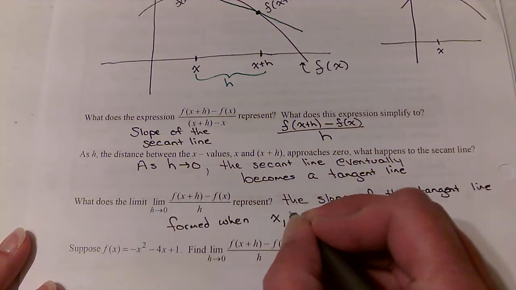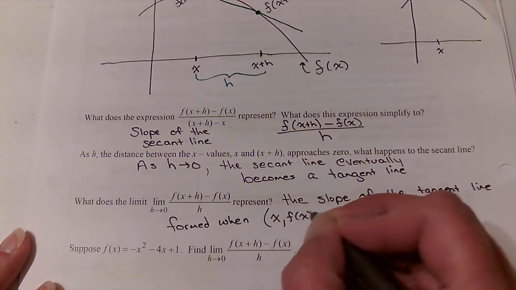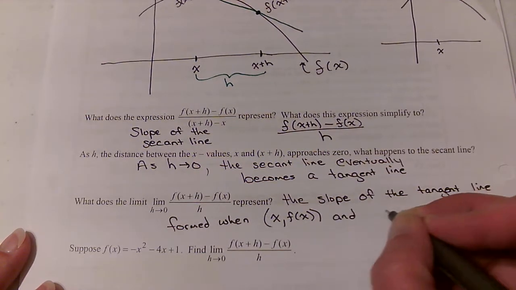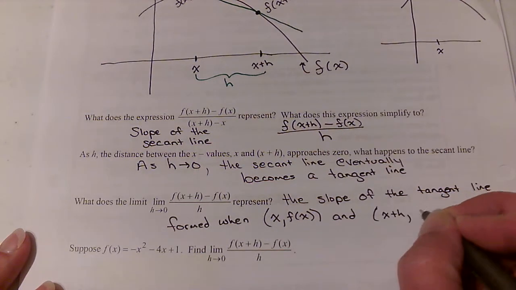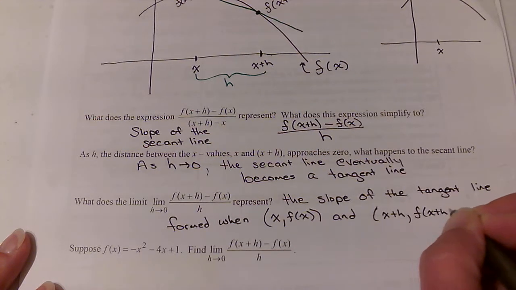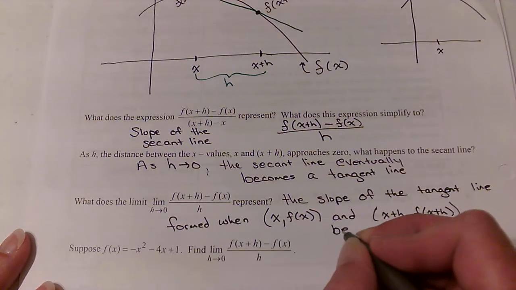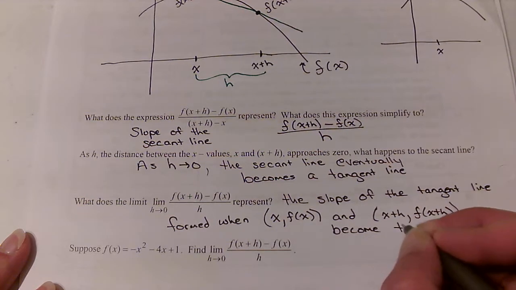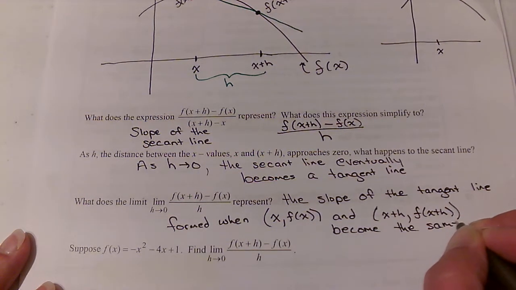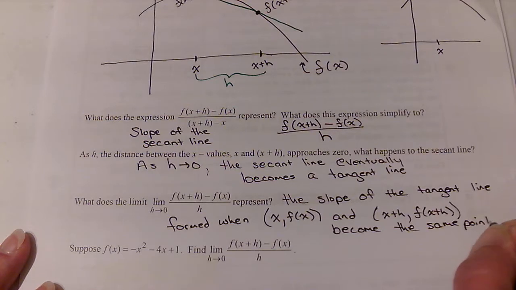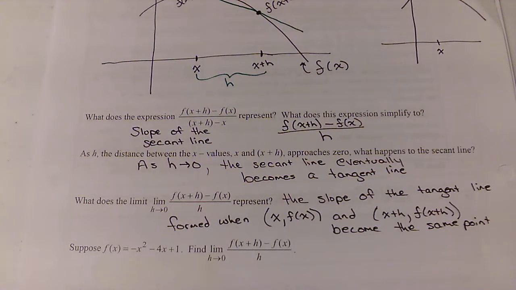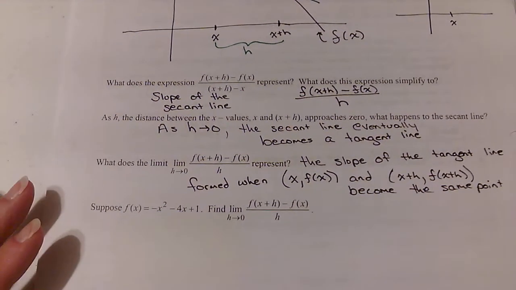So when x comma f of x and x plus h, f of x plus h, become the same point. So we are able to find the slope at every itty-bitty little point on a graph. We don't always have to have 2 points, which will come in very handy.